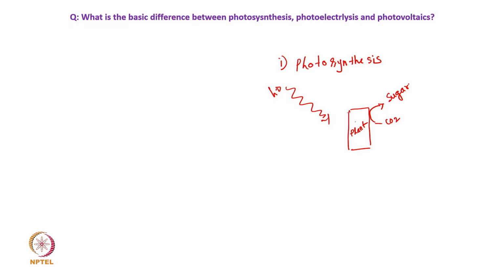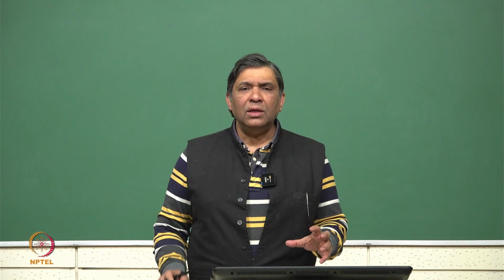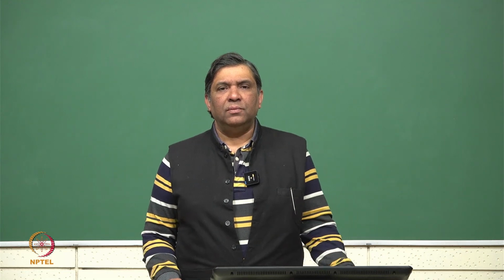It is actually the leaf which is the engine of this particular fuel generation. Oxygen and hydrogen are produced from water. So, the energy input comes from the sun, or sunlight.